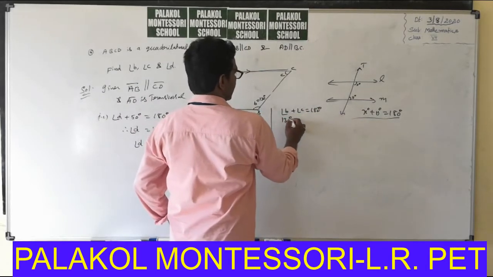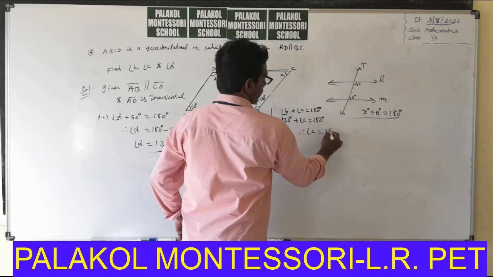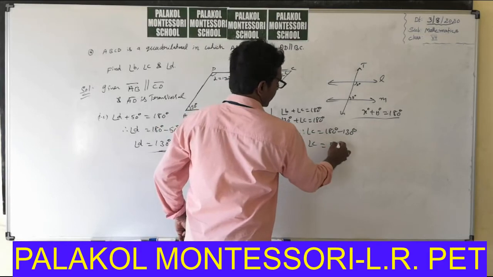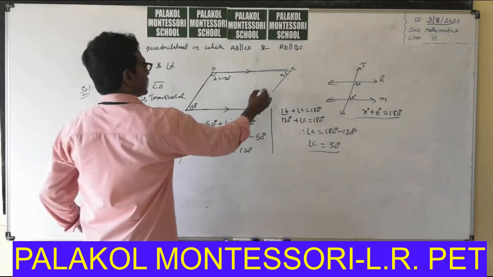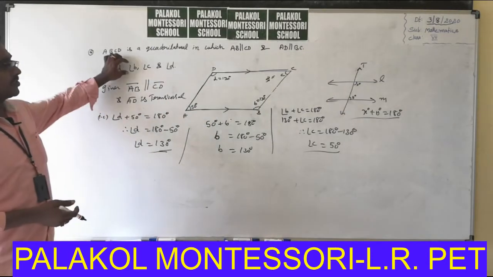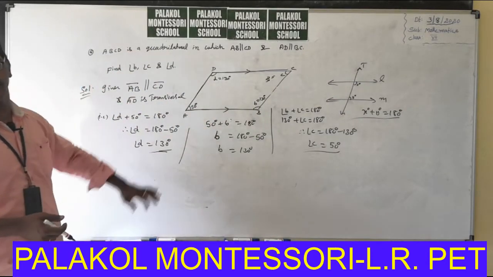So 130 degrees plus angle C is equal to 180 degrees. Therefore angle C is equal to 180 degrees minus 130 degrees. Angle C is equal to 50 degrees. Finally, angle B is equal to 130, angle C is equal to 50, angle D is equal to 130.